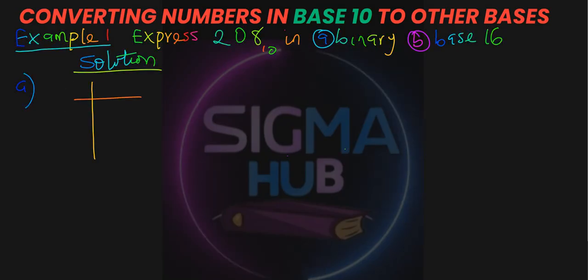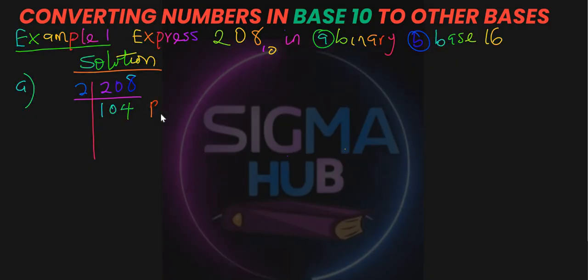So we have 208. That's the number given to us in base 10. But since we are converting to base 2, we are going to divide by 2. So 208 divided by 2 will give us 104 without any remainder.